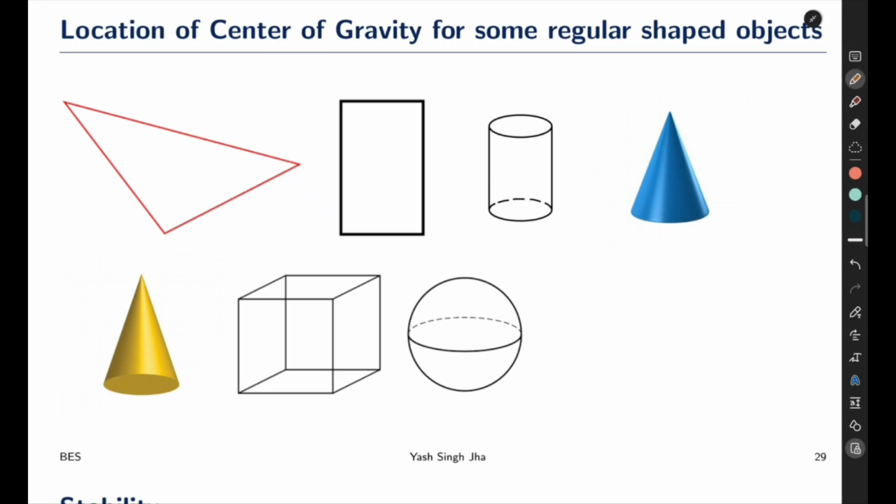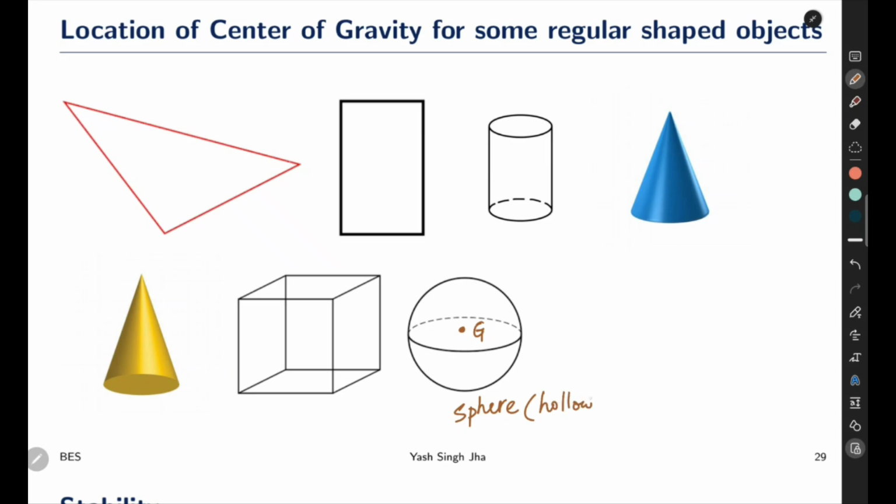Moving on, let's get a bit more accustomed to the concept of center of gravity. The center of gravity for a uniform, regularly shaped, symmetrical object is at its geometric center. For example, for a sphere, it is the center of the sphere, whether hollow or solid.